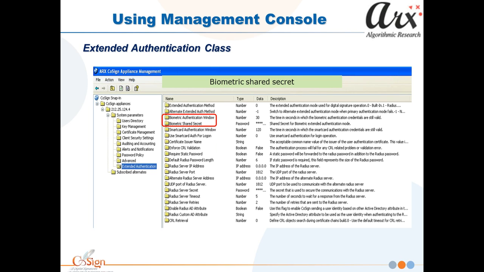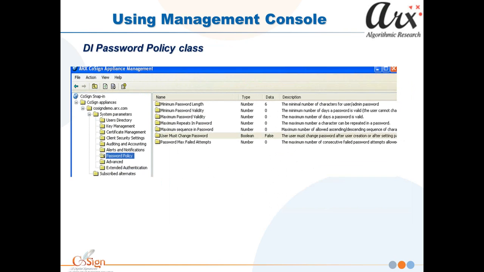So while Active Directory is the most popular, let's talk about some password policy that gets set in this screen when you're not syncing against Active Directory. When you're using our CoSign Directory Independent mode, using CoSign's internal directory, then you'll have this password policy. It's very similar to the password policy you'd find in Active Directory.